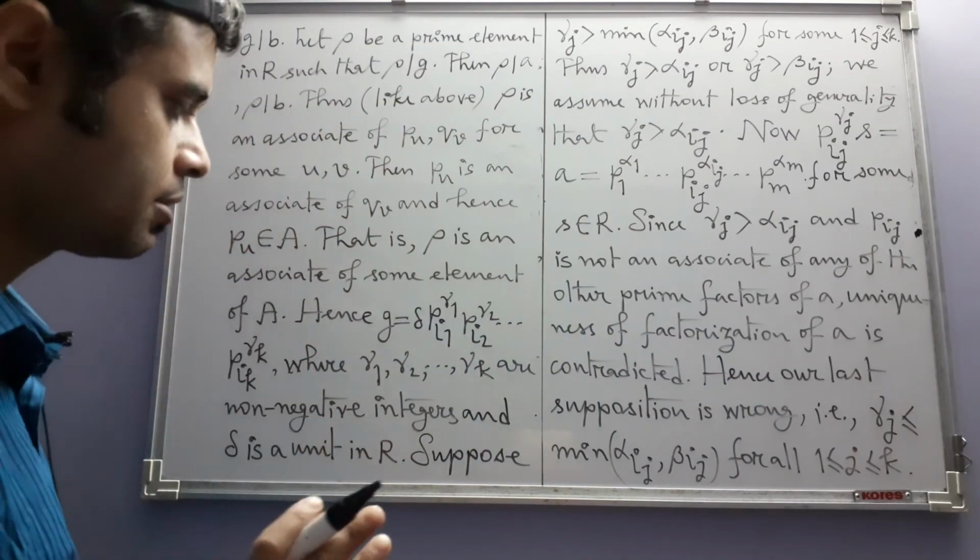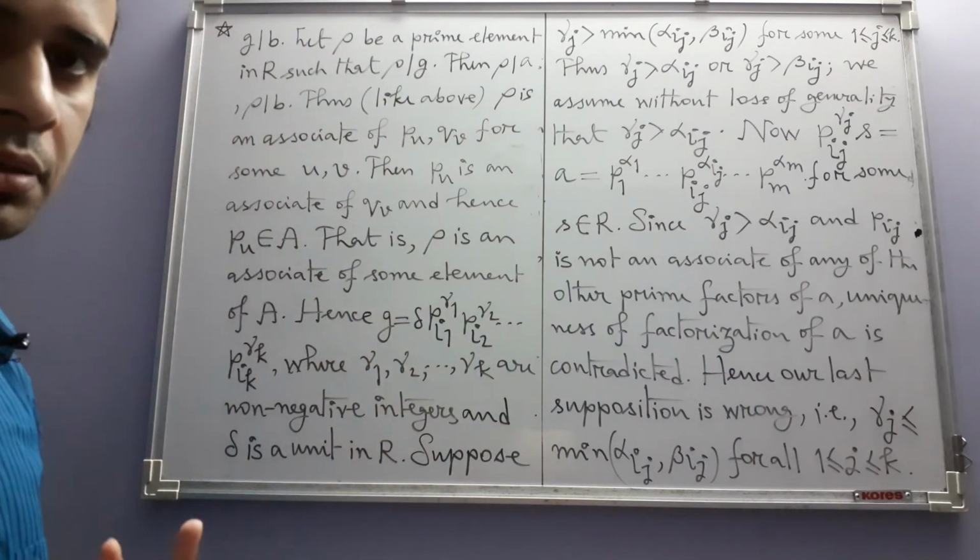So now we can finally say that G divides both A and B.